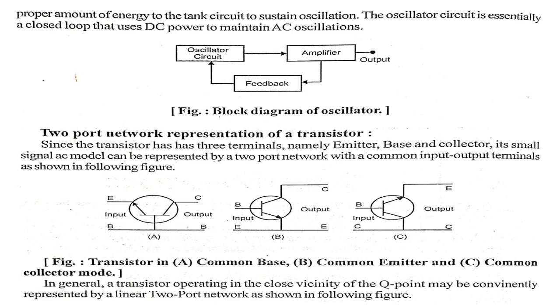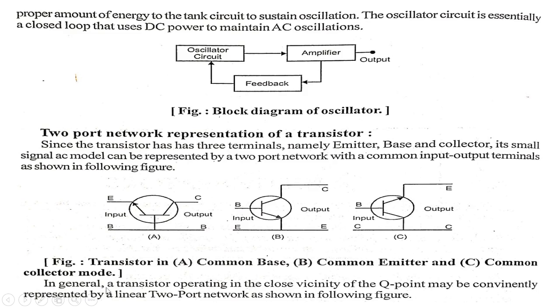So this was a symbolic representation of the common base circuit of a transistor as shown in figure A, and in figure B common emitter, and in figure C common collector mode.